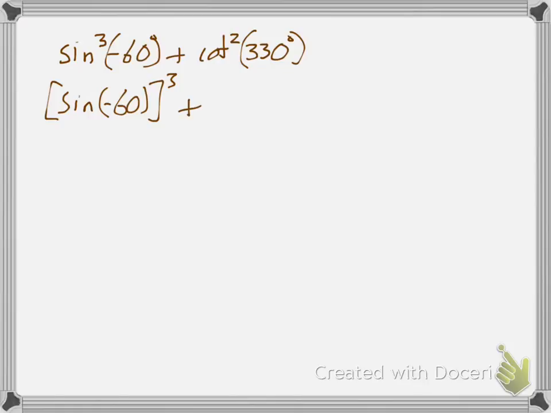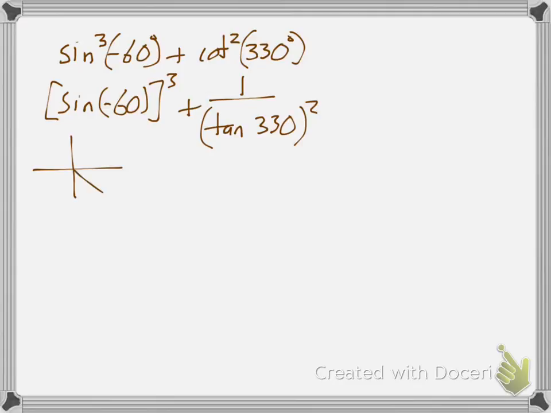So it's plus 1 over the tangent of 330, and I'm going to put the square on the outside of that. Notice that it's on the bottom. It's not the whole fraction, it's just on the tangent of 330. And now I can start to evaluate some of these. Oh, sine of negative 60. Well, maybe I'll just graph it. Where's negative 60? Which quadrant?